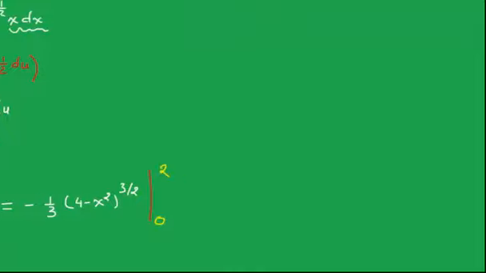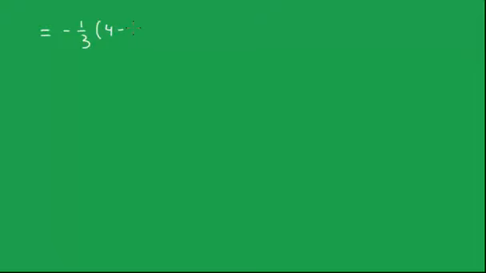Okay, so let me just write it somewhere else so that we have more room. So we get negative 1/3 times (4 minus x squared) to the power of 3/2, and then we had the limits of integration 0 to 2. And you know, when you have this, the first thing is to write a giant set of parentheses separated by a negative sign.